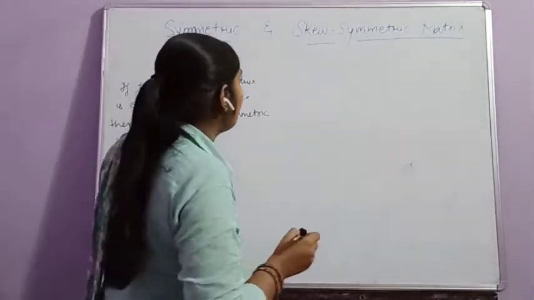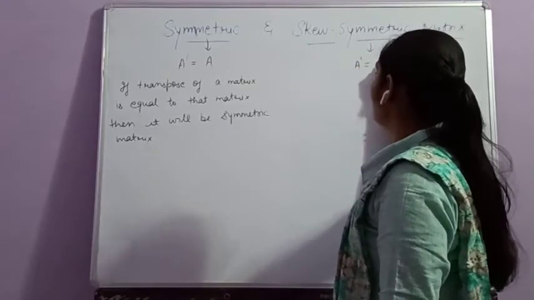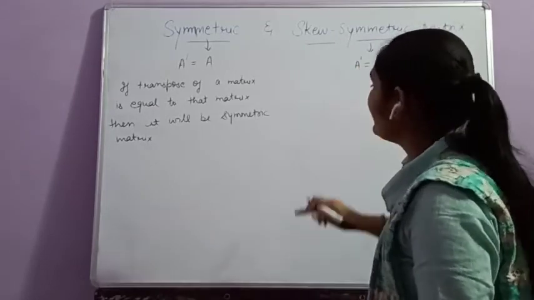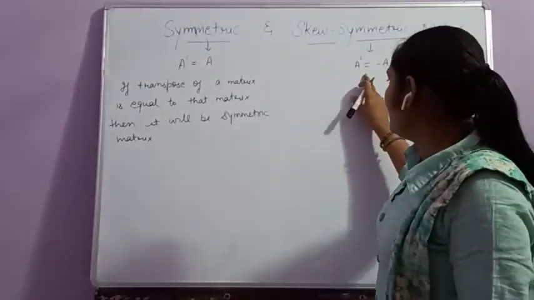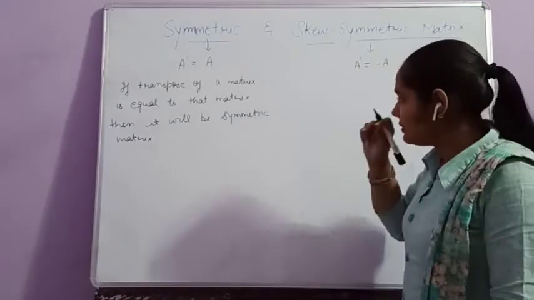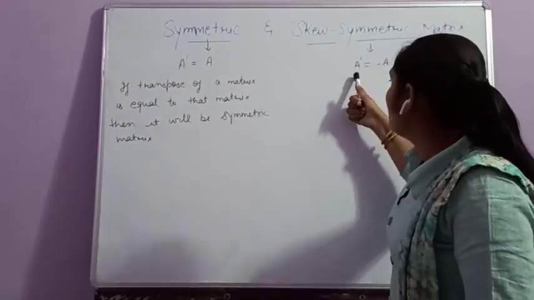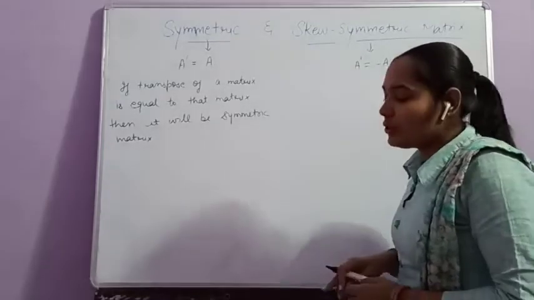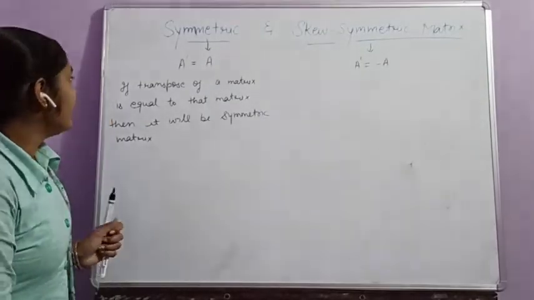In a skew symmetric matrix, if the transpose of a matrix is equal to minus of that matrix, then it will be a skew symmetric matrix. Clear?